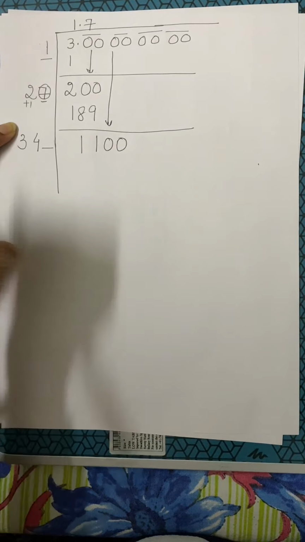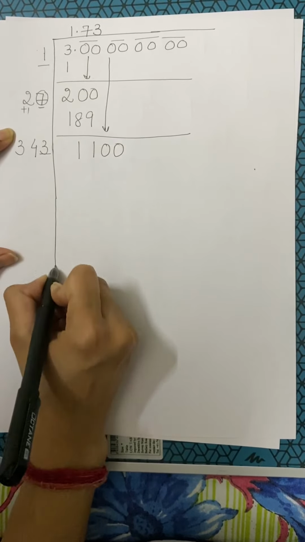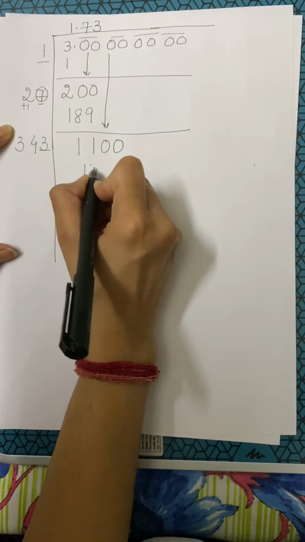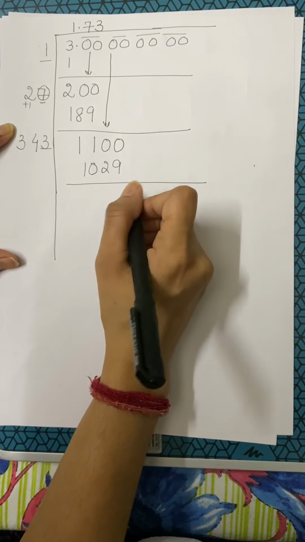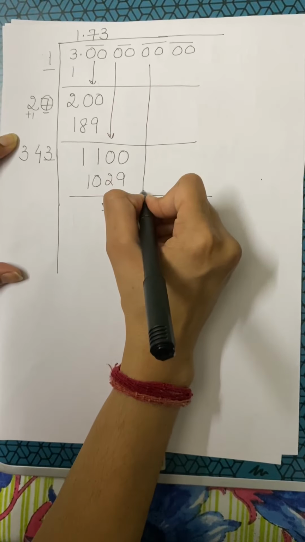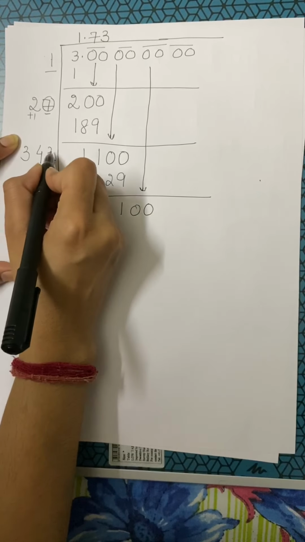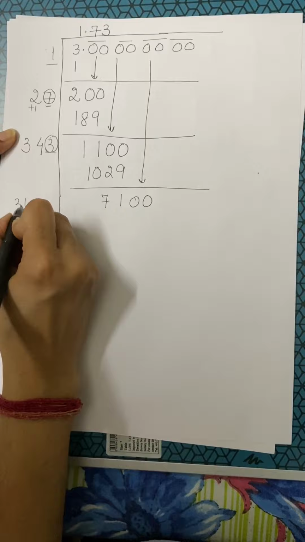Now we'll see this number can be multiplied by 3 here. What will I get now? This is 1029. Fine. Now this will be 1, 7. The third pair of zeros is taken. This number is multiplied by 2. It will be 6, 4, 3.